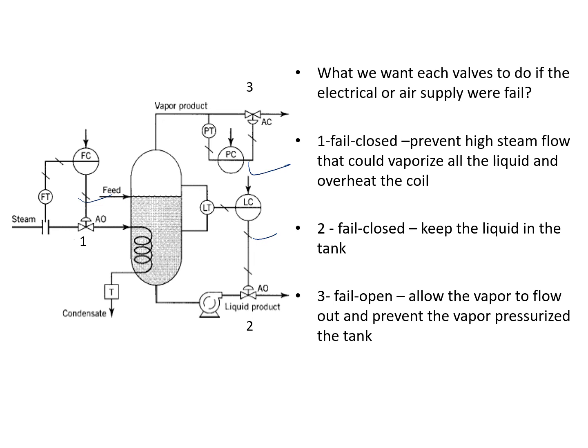The excessive amount of steam will cause the temperature of the fluid, the mixture inside this tank, to increase, or cause overpressure. That's why we use the fail close valve, because if there is an energy supply cut off, the steam feed is directly cut off. We want to prevent high steam flow that could vaporize all the liquid and overheat the coil.